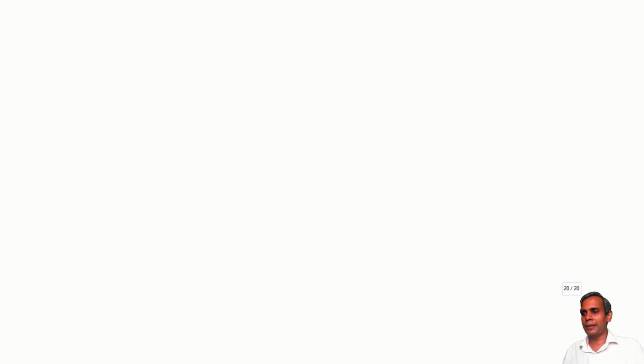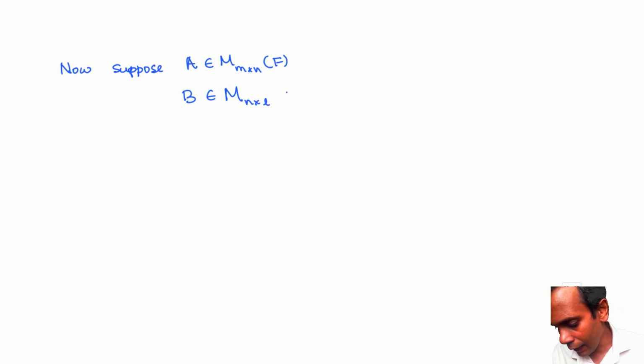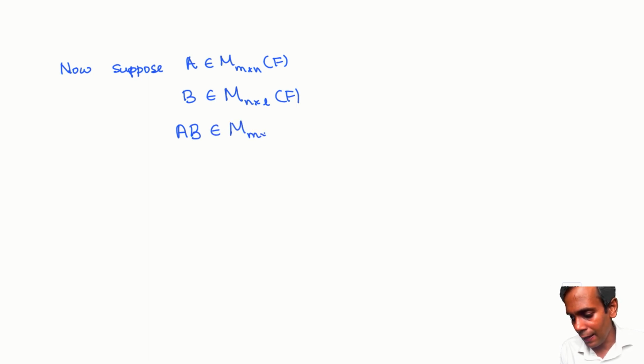Now suppose I have two matrices. A belongs to M_{m by n}(F), and B belongs to M_{n by l}(F), where m, n and l are three possibly different positive integers. Then you can multiply these two matrices and AB will belong to M_{m by l}(F).